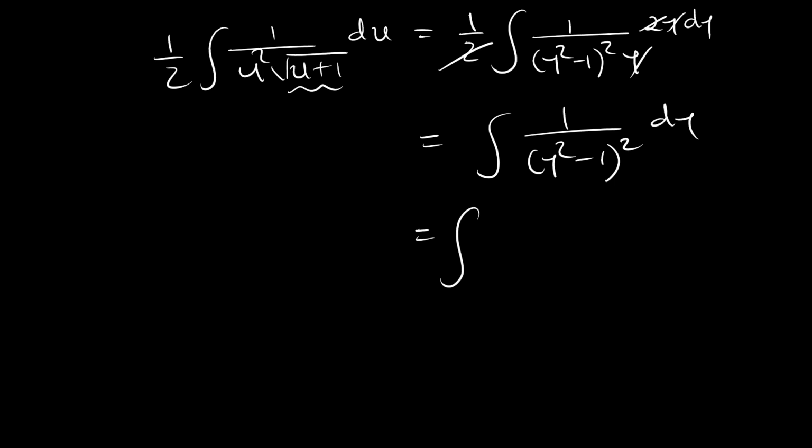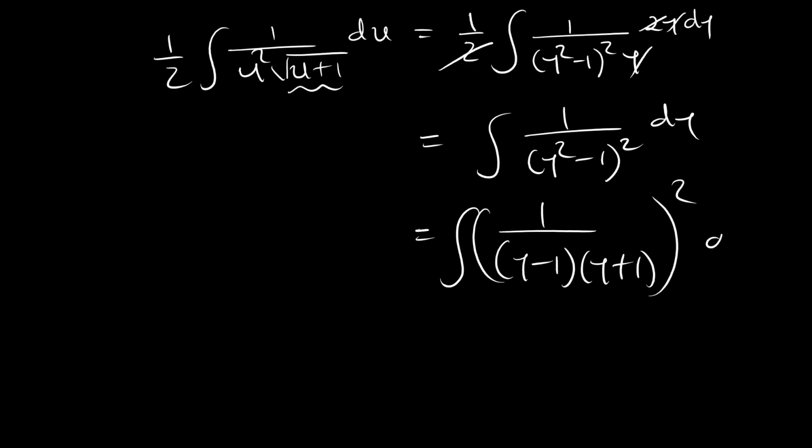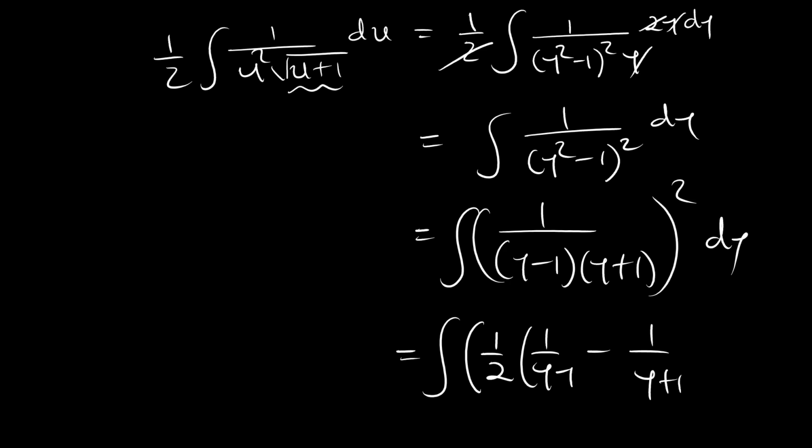So we can now say this is the same as y minus 1 times y plus 1, all squared, which is the big bracket half of 1 over y minus 1 minus 1 over y plus 1. We can now pull this guy out as a quarter.